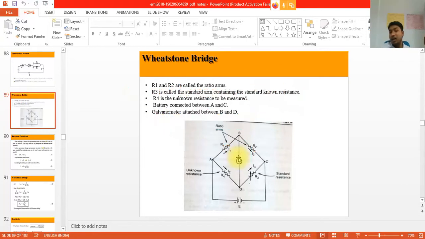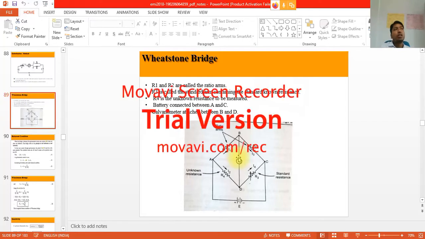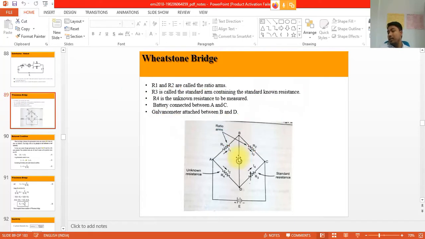For example, water flows from top to down, or by using some mechanical force you can make it flow from down to top. But if the level is at the same point, there will be no flow of water. The same condition happens in an electrical circuit also.